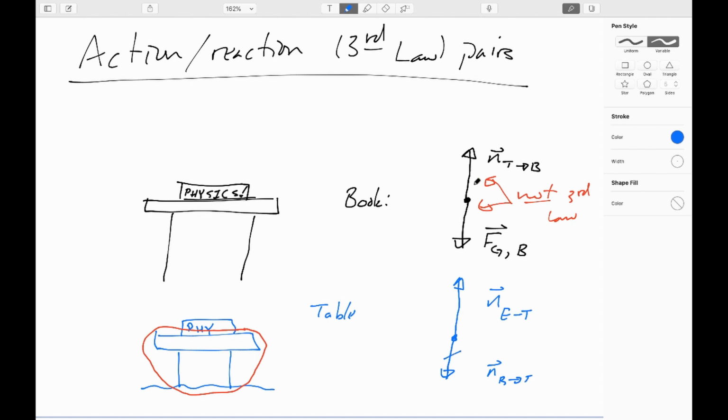These two are a third law pair. And notice how they're on different objects. So third law pairs will always appear on different free body diagrams.